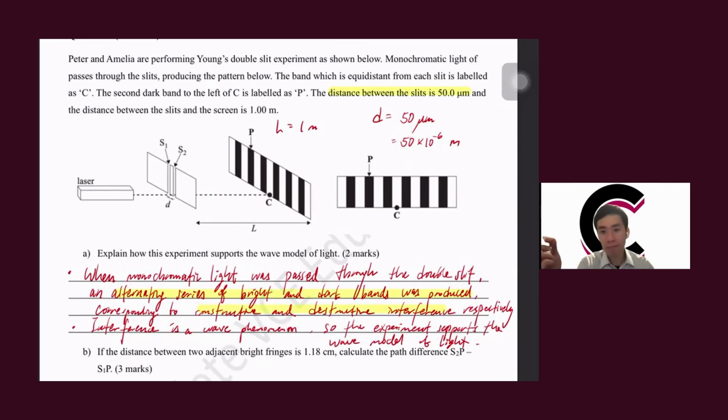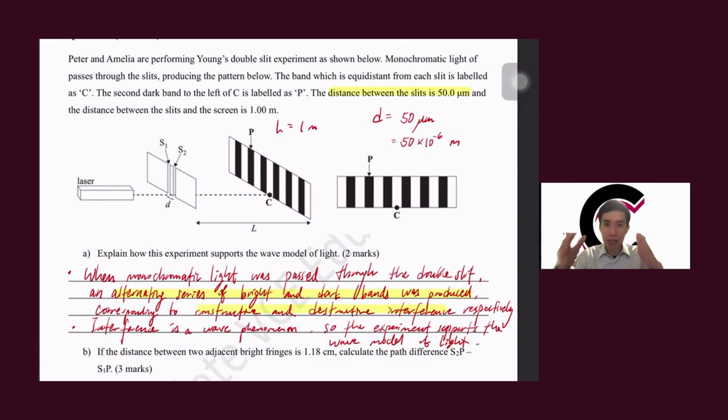By observing the bright and dark fringes, or those bands, this is the observation part, okay? And you try to explain, what does that imply? It implies that there's interference happening, because if it doesn't happen, all you're going to see is 2 bright bands on the screen, if there's no interference whatsoever, right?